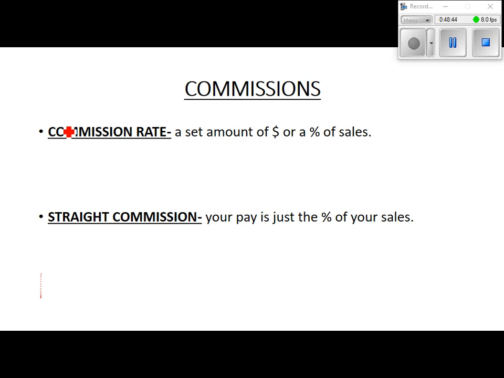No, that didn't happen. So commission is a set amount of money, like you make $10 per whatever, or it could be a percentage. Straight commission is where the only pay you make is how much you sell. Bo was saying that he doesn't just make straight commission, he gets a salary or hourly pay and a commission.